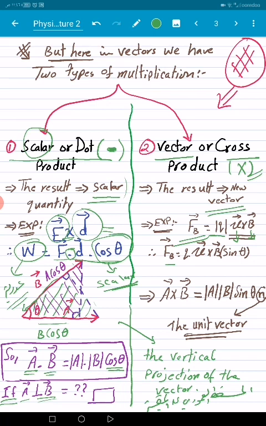So F is equal to Q V cross B. Now I use the cross with its sign, and you can find the direction by using the right hand method.